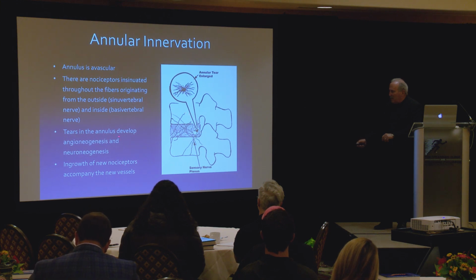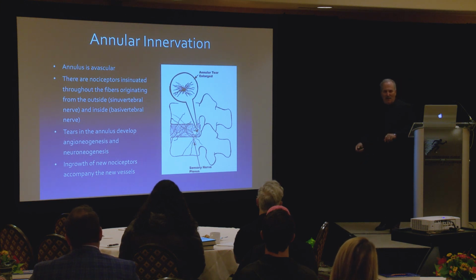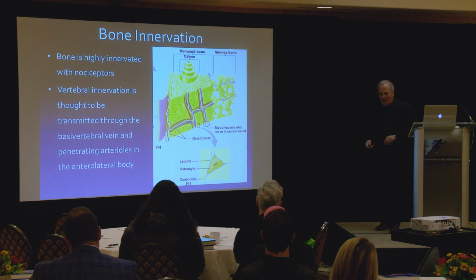Tears in the annulus will develop angioneogenesis and neuroneogenesis, and there's ingrowth of new nociceptors accompanying new vessels. So you get a tear, there's not a lot of healing, but the healing that does occur is a problem because you have ingrowth of new pain fibers. So we're sort of screwed the way we're designed. As we get tears, we increase our pain sensitivity, but not everybody.